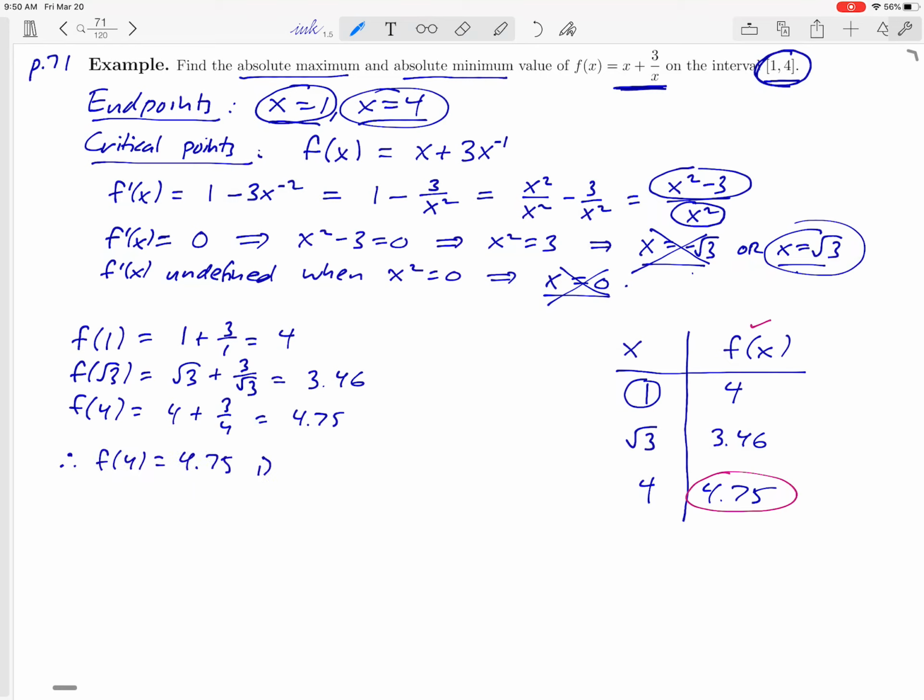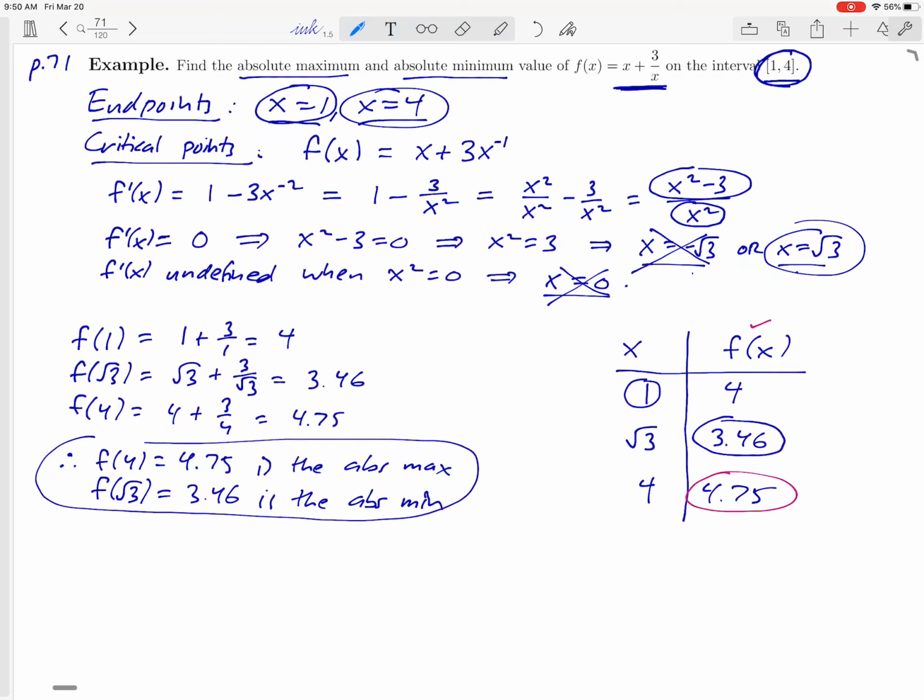So f of 4 equals 4.75 is our absolute maximum. And what's the smallest number out of all of those? Well, that would appear to be the 3.46, and so that must be our absolute minimum. Okay, and those are the answers to the questions that they asked us.